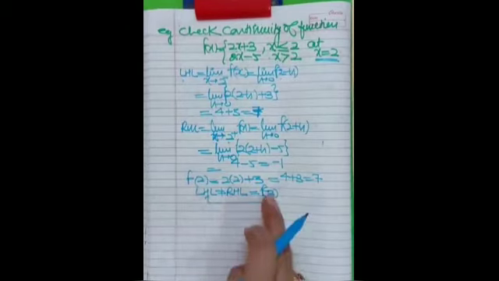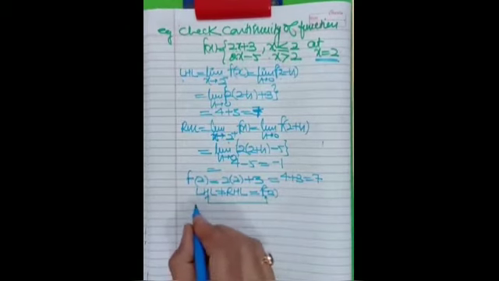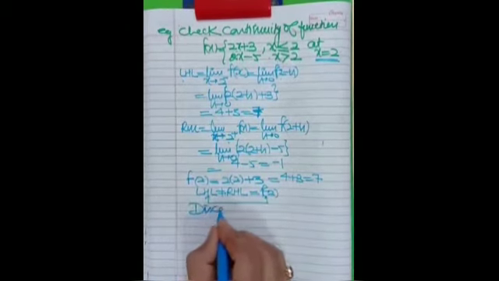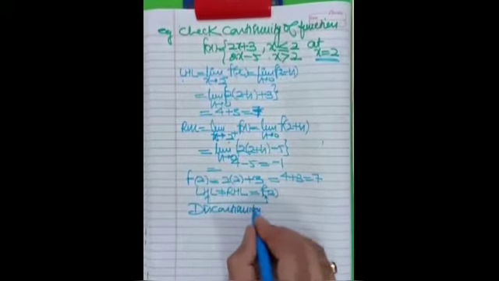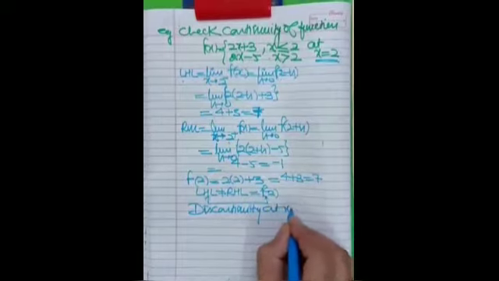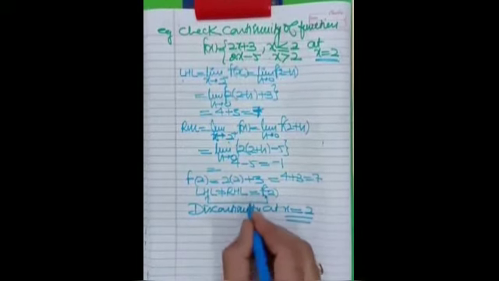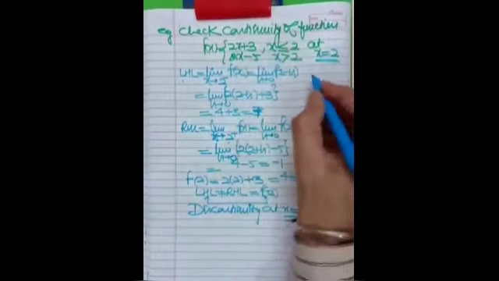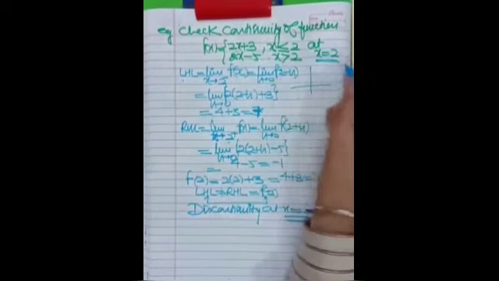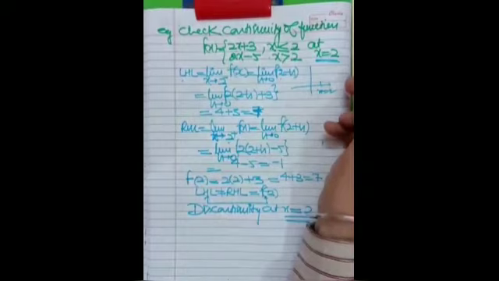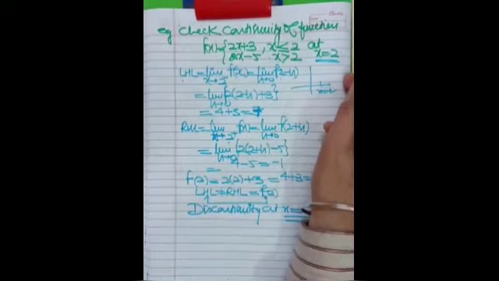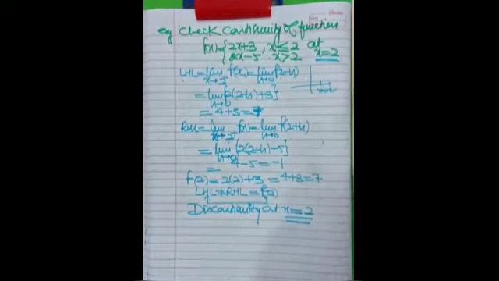Discontinuous means this curve has a discontinuity at x is equal to 2. Discontinuity means, children, if you plot the graph, you will find that at x equal to 2, the curve has a break. Break means there is a break in the curve, there is no continuity in the curve.